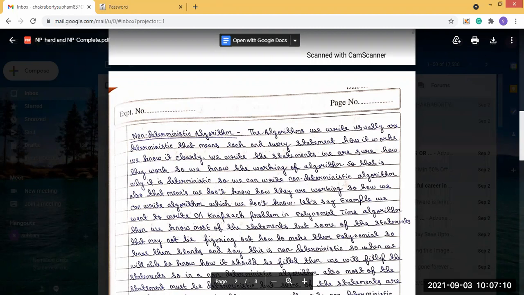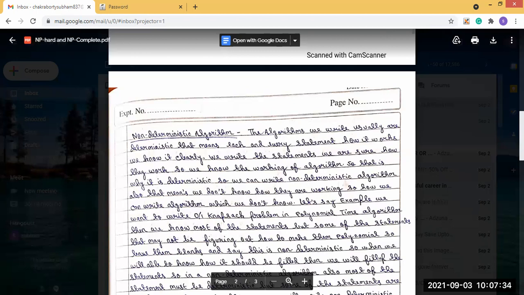So what will we do? We will leave a blank there and say this is non-deterministic. That means we do not know how that can be solved. When we are able to know how it should be filled, then we will fill the statement. Whatever we have left blank in the algorithm, that is non-deterministic.